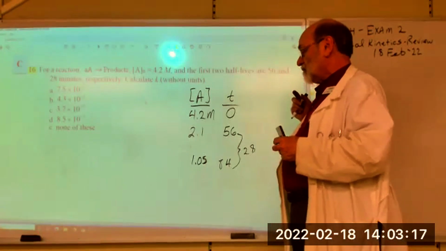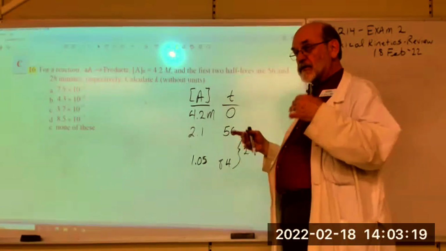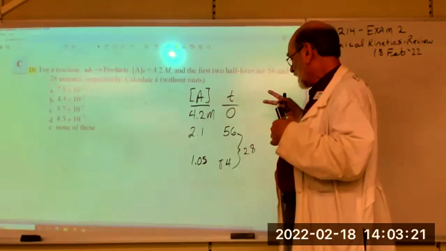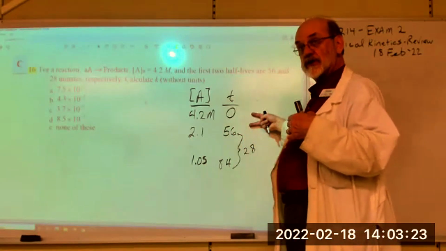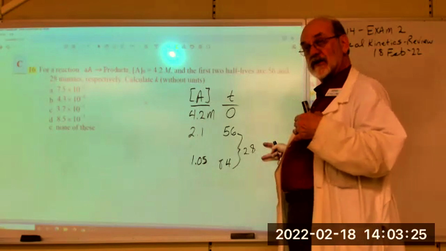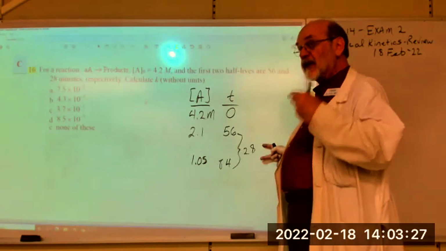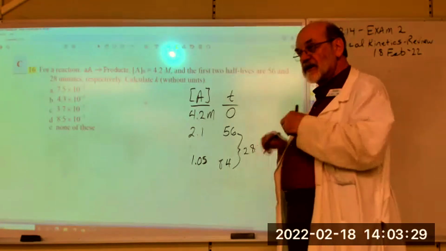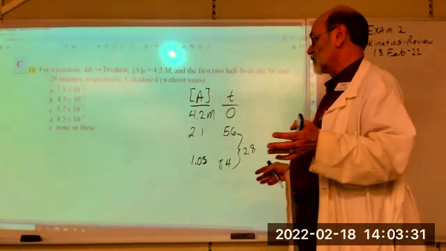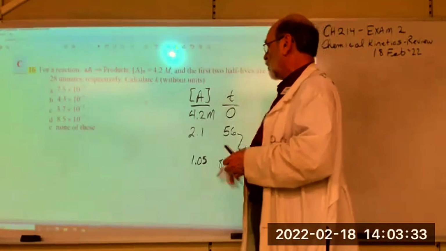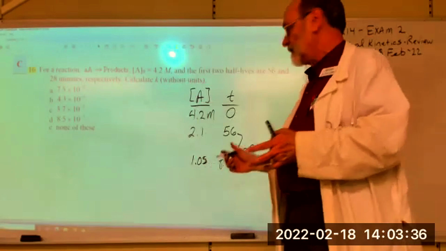Depending on whether it's zero, first, or second order, if we calculate a K for this one with our equation and one for that one with our equation, the K's should be equal. If they're not equal, then it's not that order. And we'll already have the K when we do that.